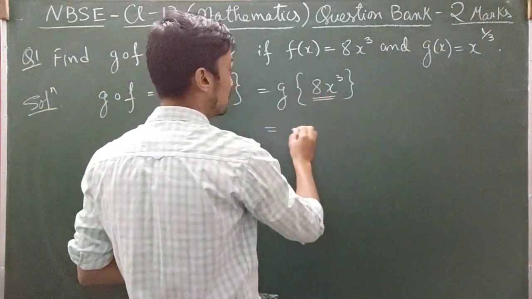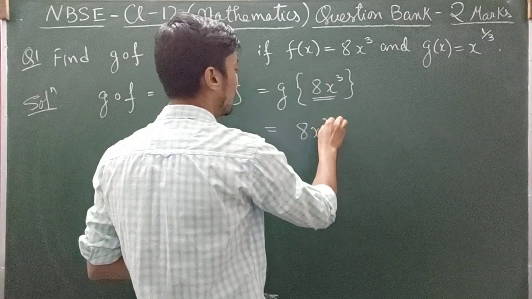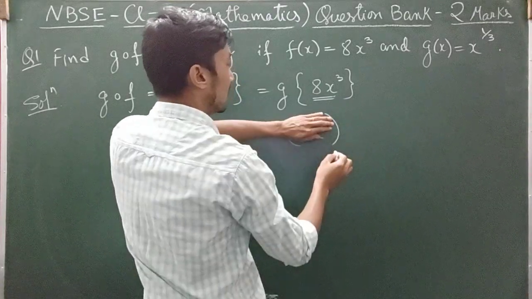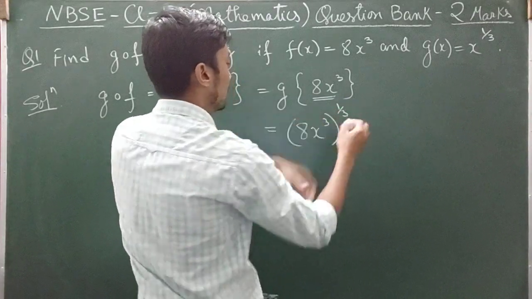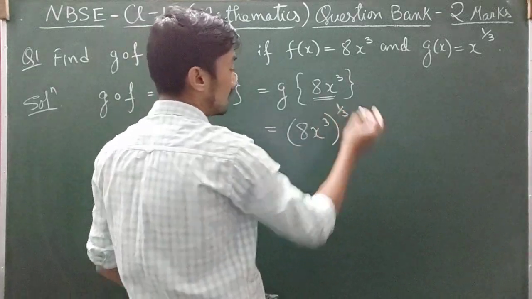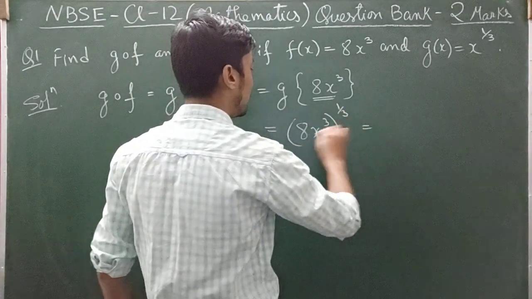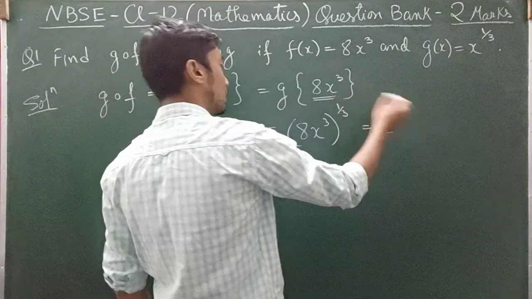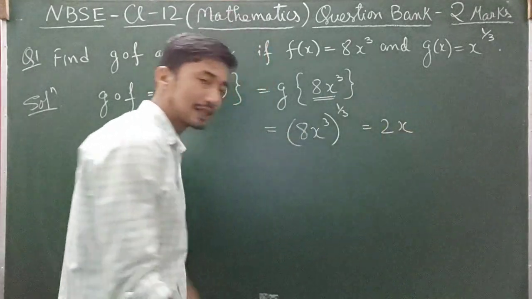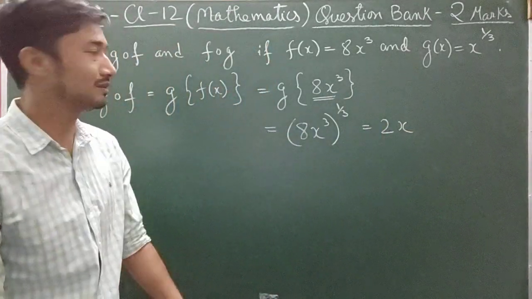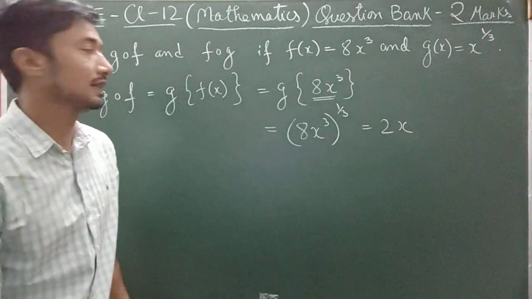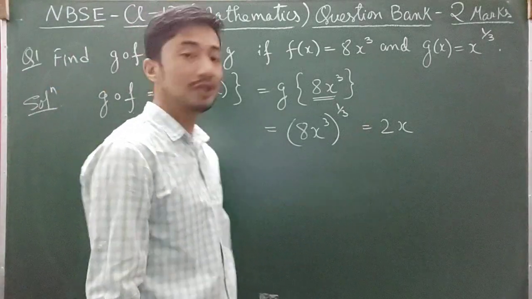So instead of x, we will be replacing it with 8x cubed, whole power 1 by 3. Now that's cube root, isn't it? Cube root of 8 is 2. Cube root of x cubed is of course x. Class 12 standard, so I believe those details need not be explained.